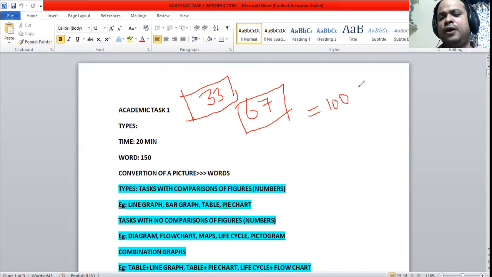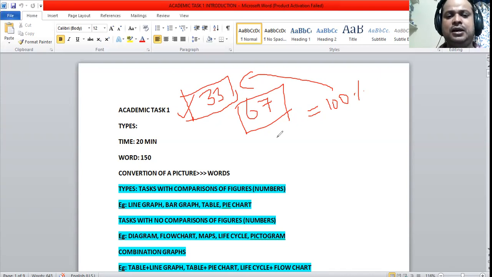Out of your 100 percent, 33 percent is from academic task one. If you are not completing this task, you won't be getting an acceptable score in your writing session. So this is what the problem is.